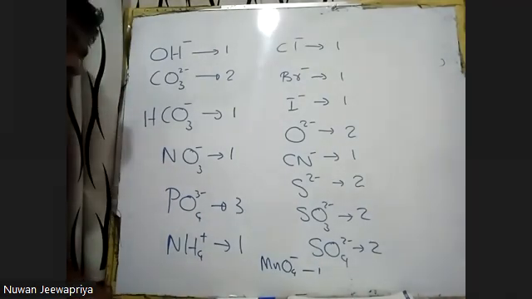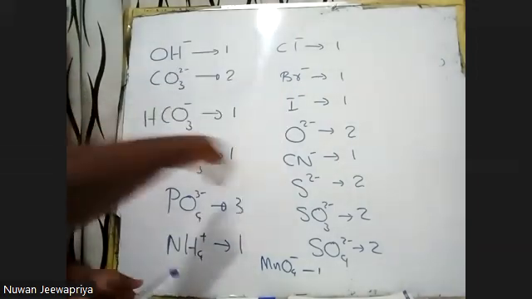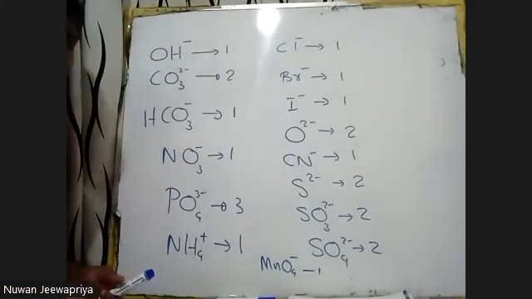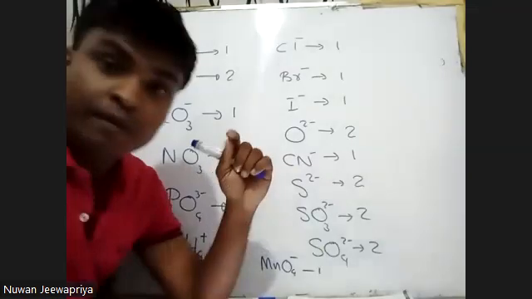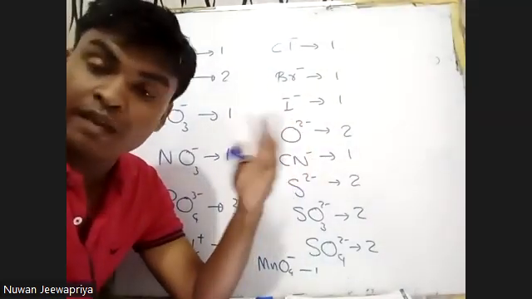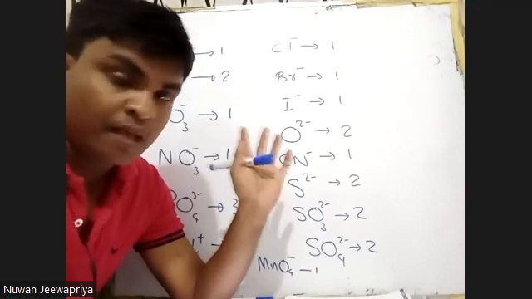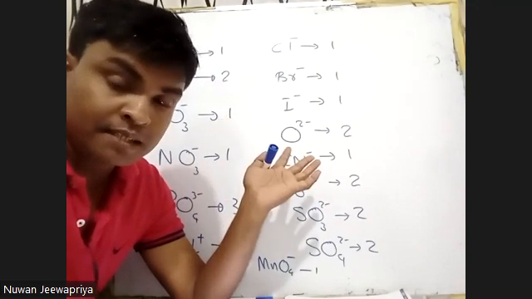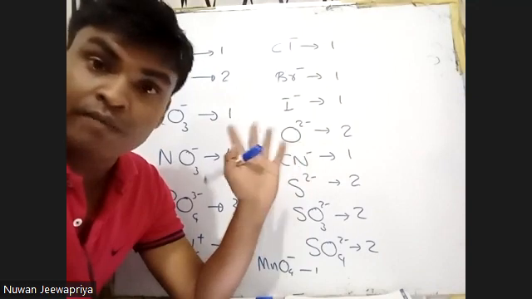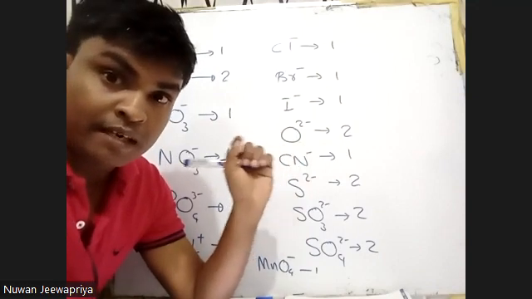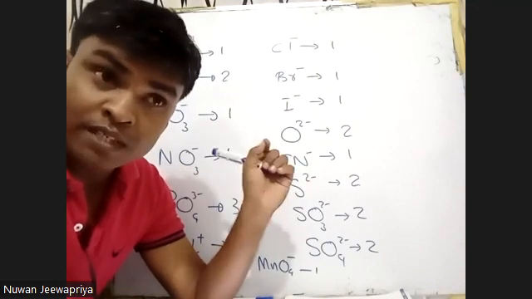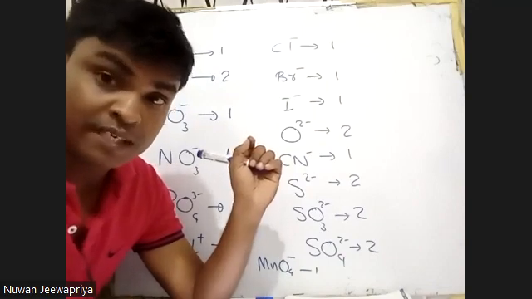Likewise, there are many groups, but this set of groups is enough, I guess. So if you remember these, now we can write the chemical formula for slightly more complex compounds. I will erase these, assuming you have written them down, and then you can notice the valency of each group.